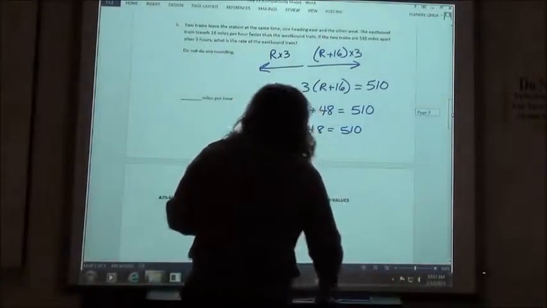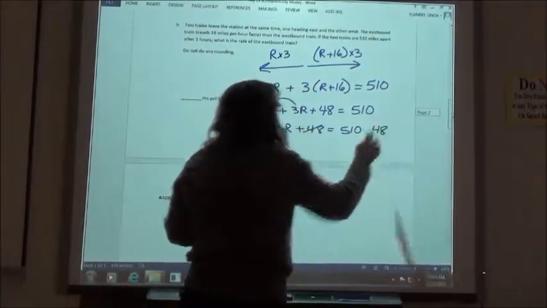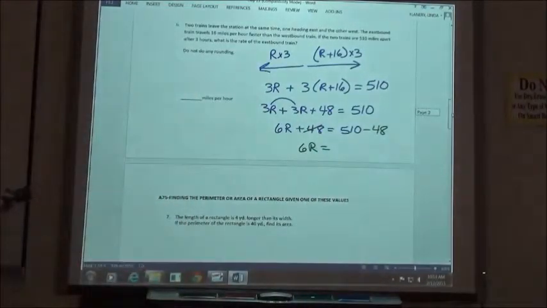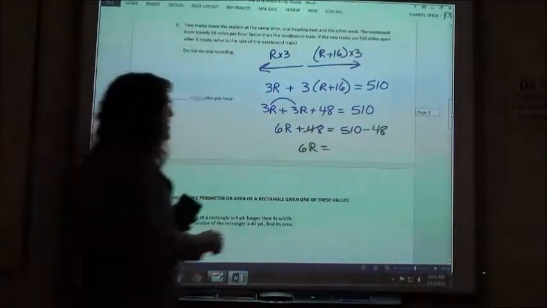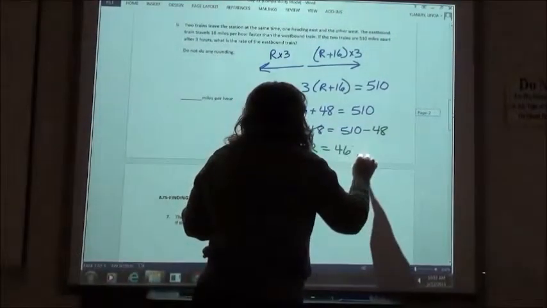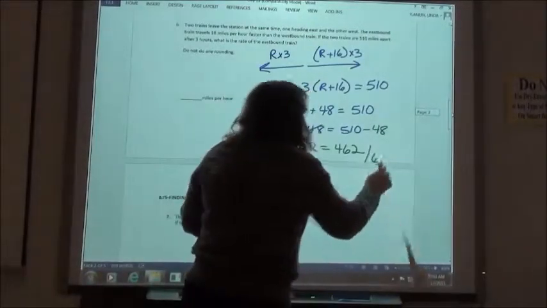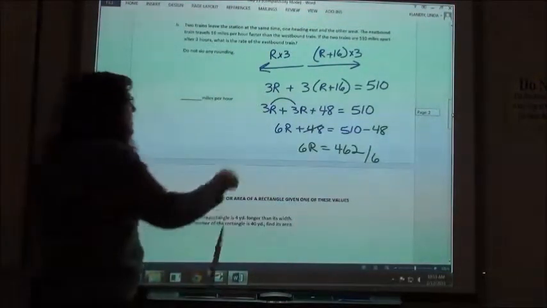Solving that for R, I've got to move my 48 to the other side, so I'm going to minus that 48. 6R is going to equal 510 minus 48, which is 462. And then, of course, to find R, I've got to divide by 6. R is equal to 77.